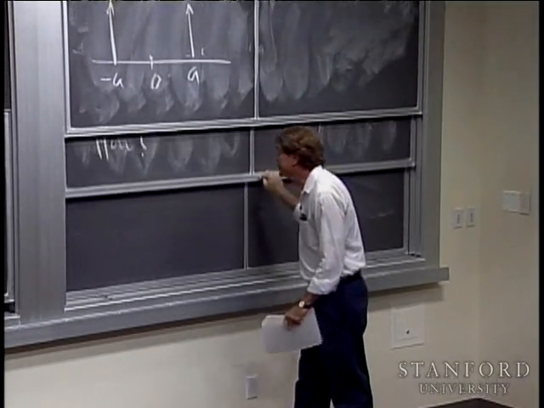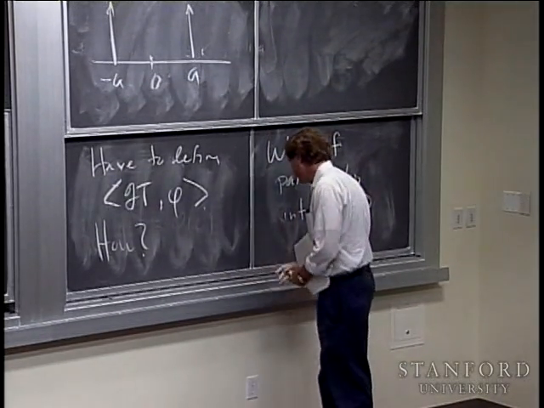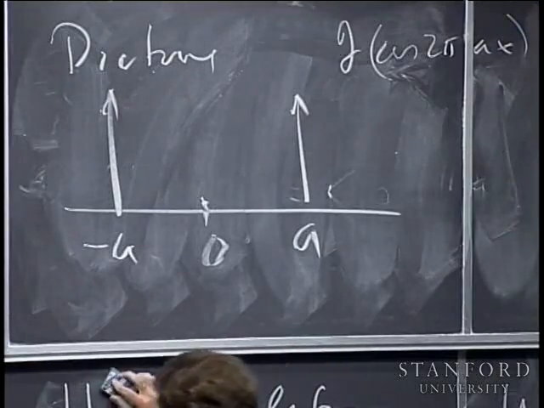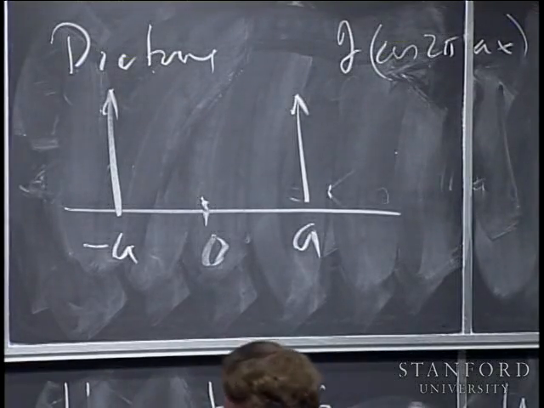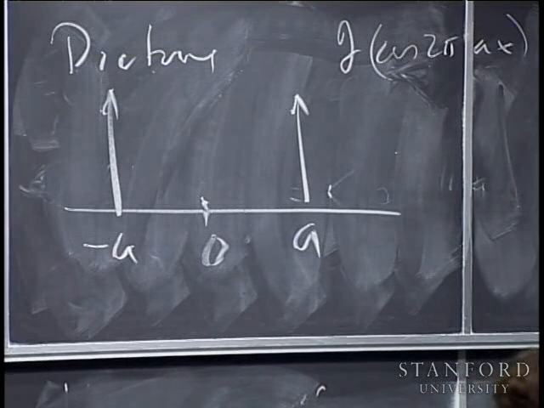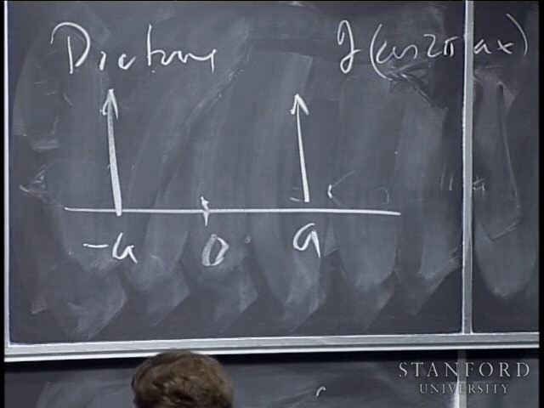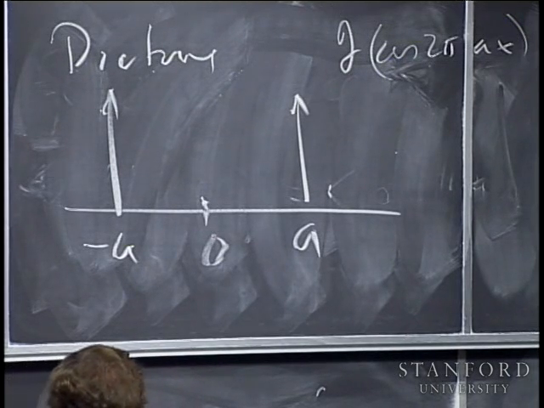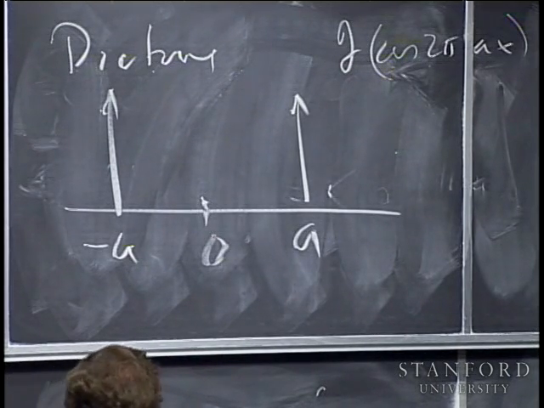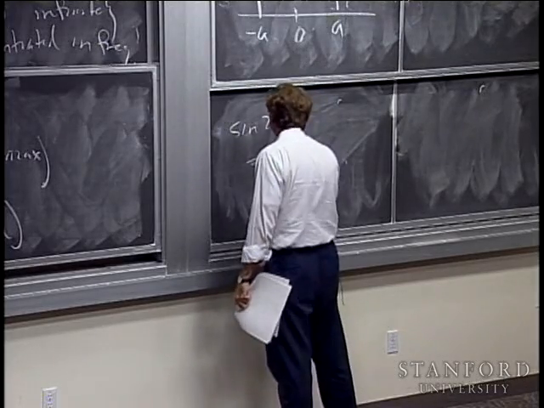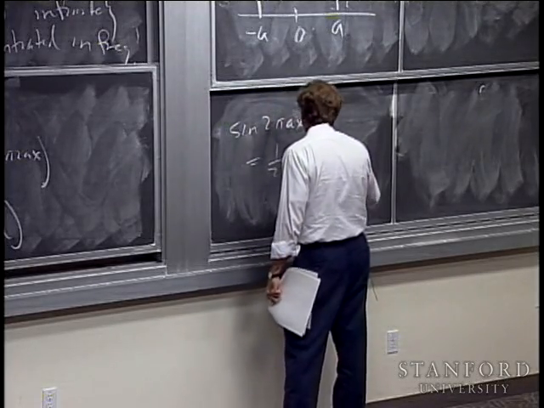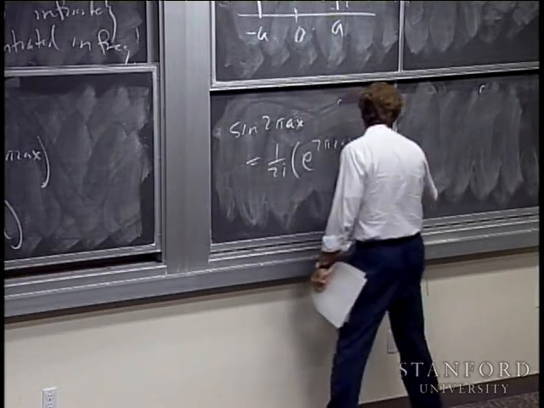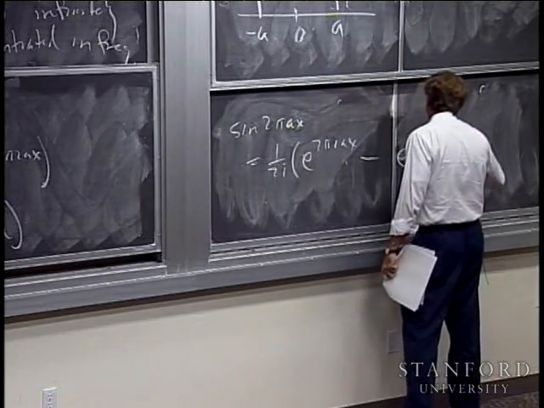How about the sine? The sine function is just as easy because it can also be expressed in terms of complex exponentials, the imaginary part of the complex exponential. So the sine of 2 pi ax is 1/2i times e to the 2 pi i ax minus e to the minus 2 pi i ax.